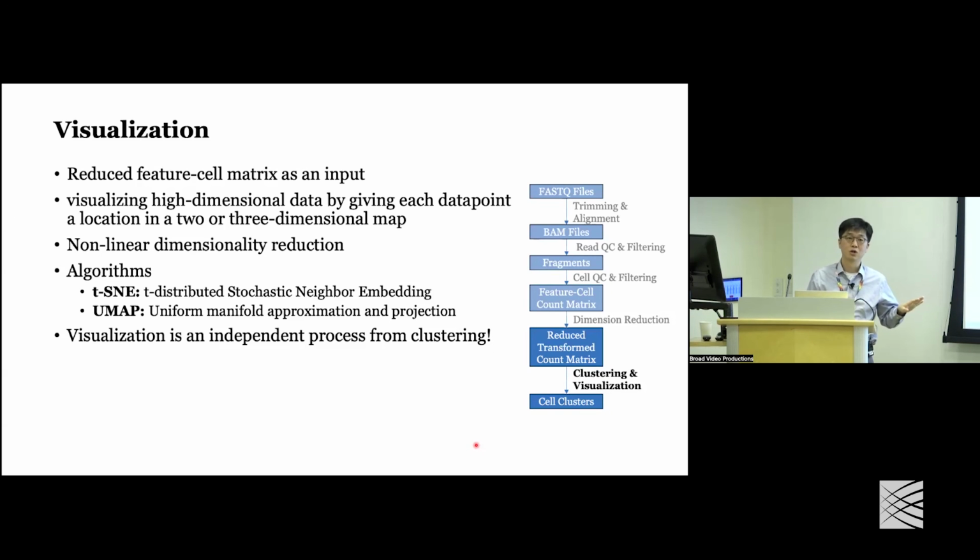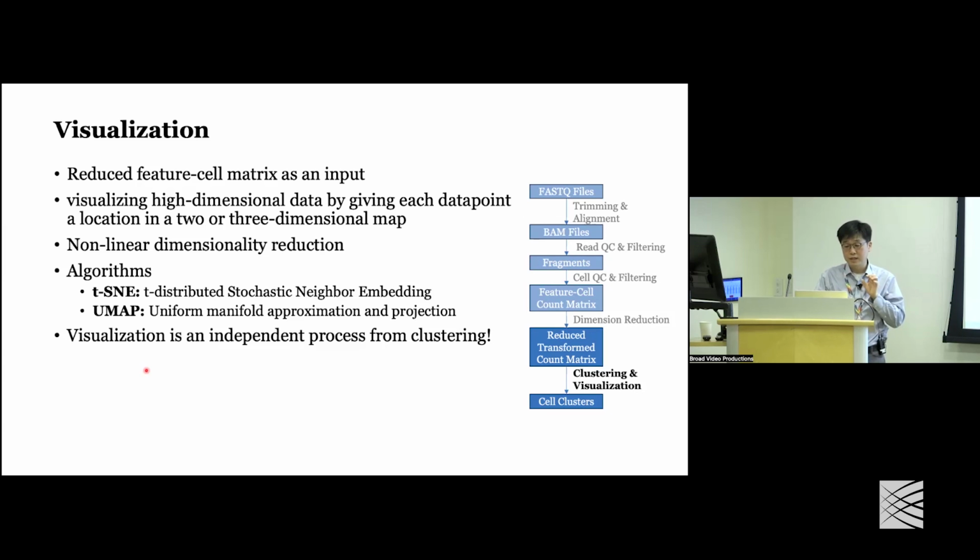It's not possible. You will end up breaking some of them. But there are useful methods that preserve this structure as much as possible. Those are t-SNE and UMAP, the two most popular methods currently used for visualization.